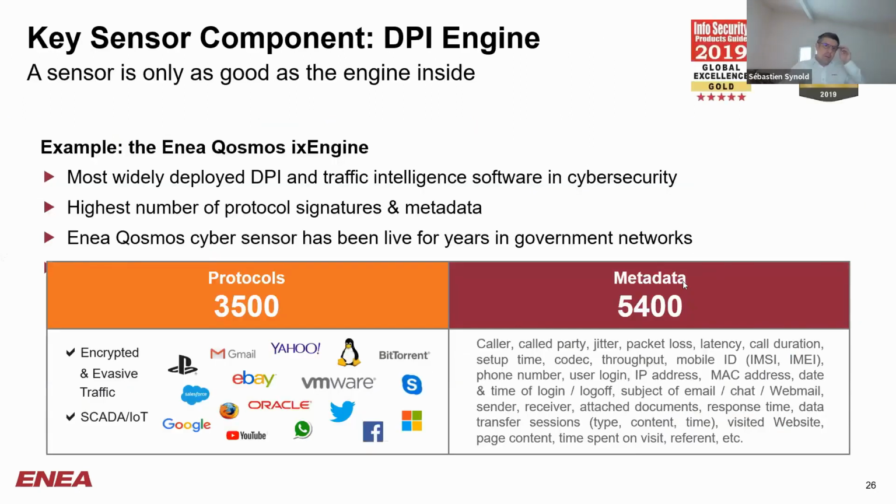So the key component for the cyber sensor is obviously its DPI engine. And Enea DPI engine is the most widely deployed traffic intelligence software in cybersecurity. And the most important value of a DPI engine is first the scope of traffic it can detect, and the accuracy of its protocol coverage and related traffic metadata.